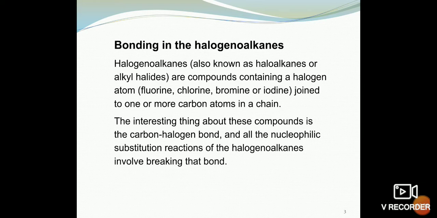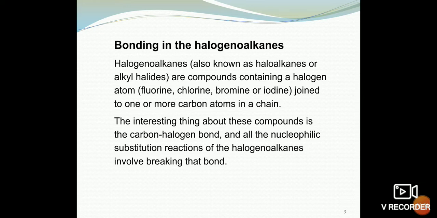Halogenoalkanes, also known as haloalkanes or alkyl halides, are compounds containing a halogen atom, that is fluorine, chlorine, bromine or iodine, joined to one or more carbon atoms in a chain.